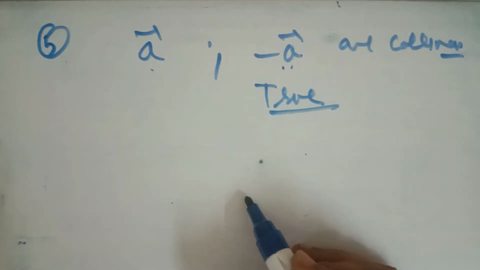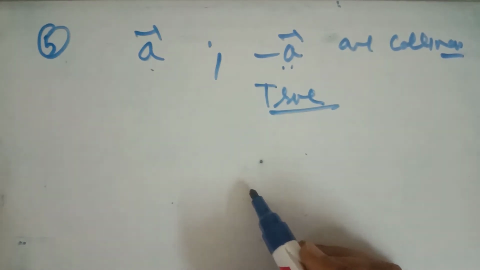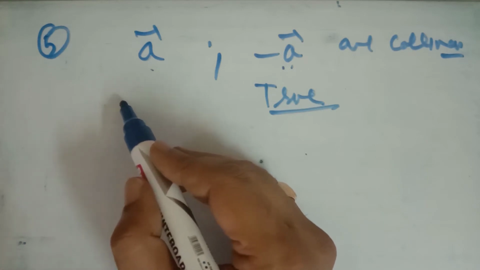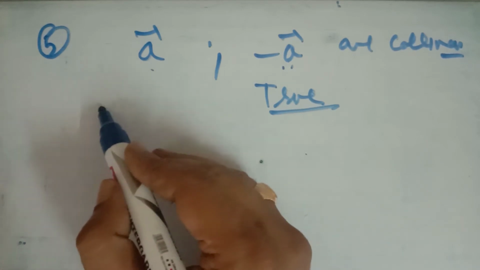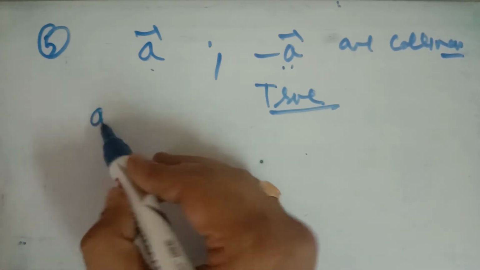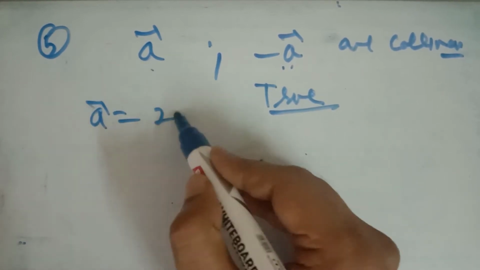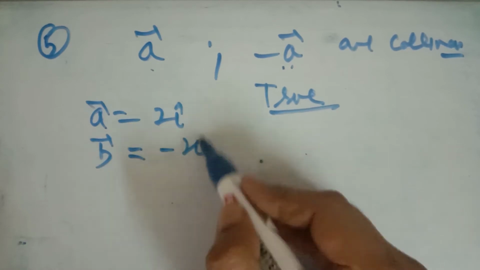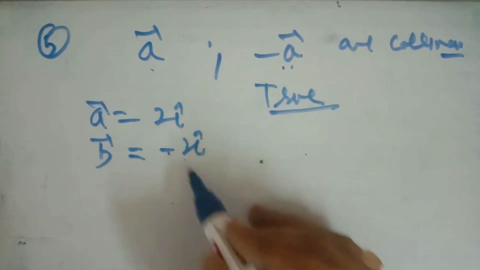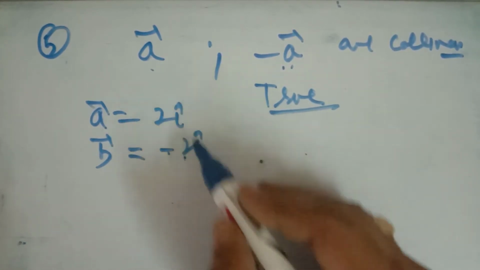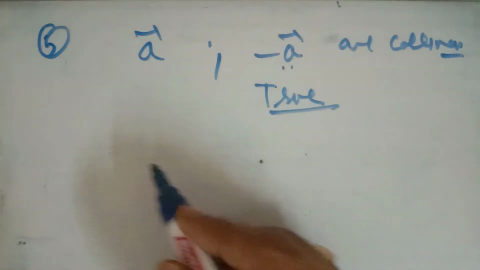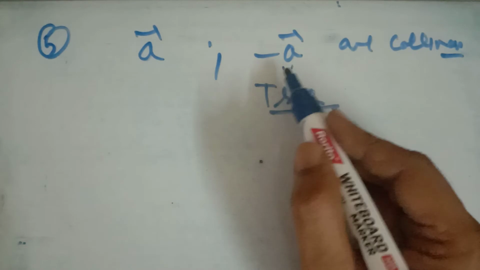For collinear vectors, we can say that they are scalar multiples of each other. Means if a vector A is equal to 2i and the vector B is minus 2i, their direction is opposite but the magnitude is the same, so they are collinear vectors. So yes, A and minus A are collinear.